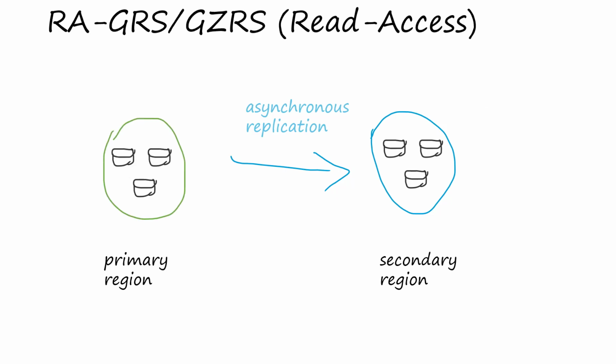Read access allows you to proactively read data from the secondary region if you want to. For example, you might decide you want to be in control of the failover process rather than rely on Azure. Both GRS and GZRS have read access versions, which is also the most expensive.